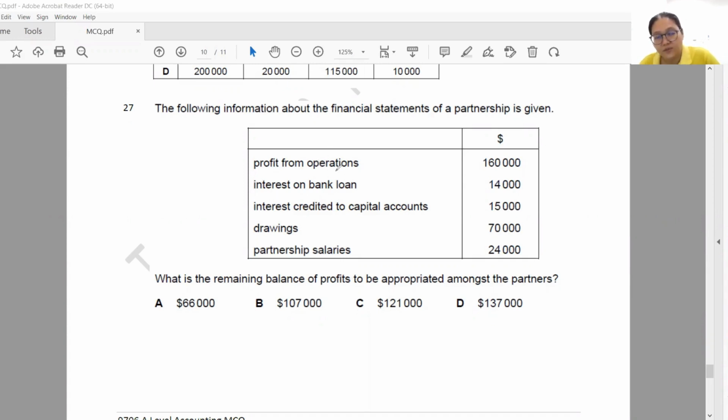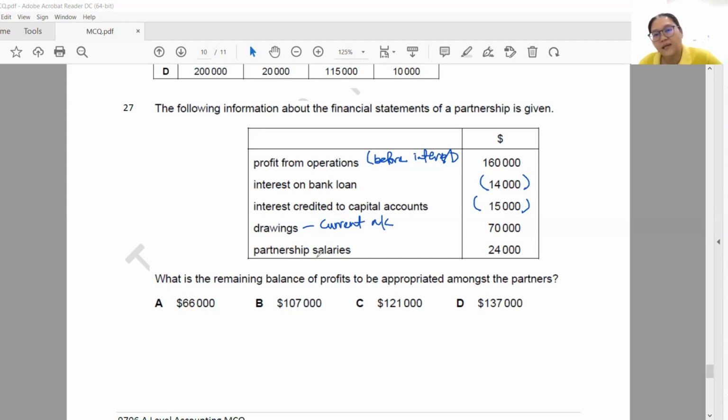So this profit from operation is before interest. We want to find the profit for the year, so we have to minus the interest on bank loan. Interest on capital reduces the profit share. Drawing is under the current account; it's not interest, it's a drawing.